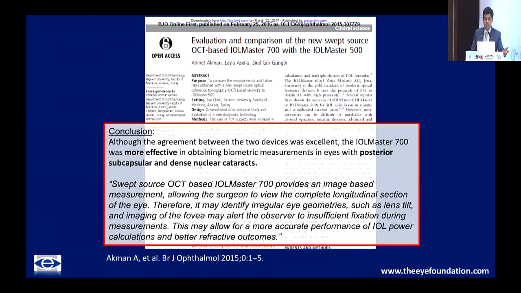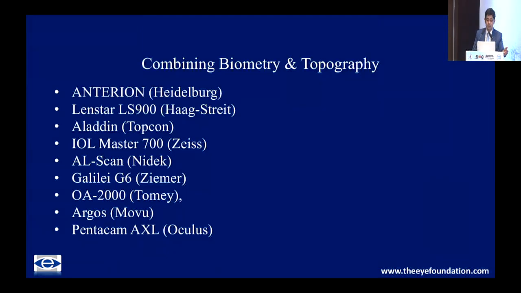Again, the penetration with OCT-based biometry devices is better, and even through dense cataracts, through dense posterior subcapsular cataracts, we get very repeatable values. Combining biometry with tomography, now we have a host of devices available, from the Anterion, the Lenstar LS900, Aladdin, the IOL Master 700.